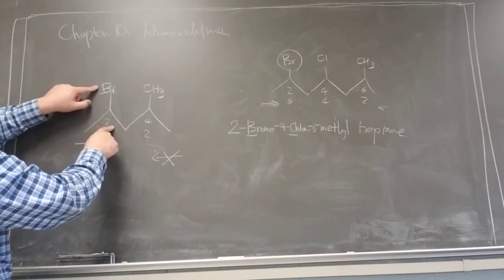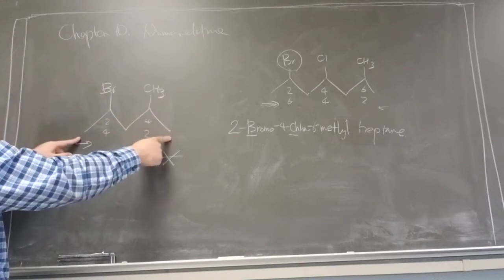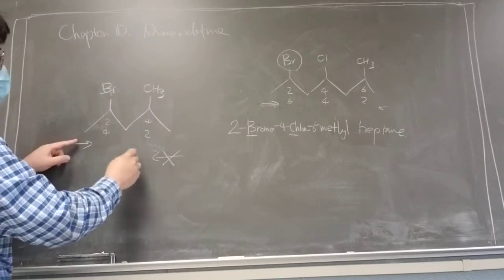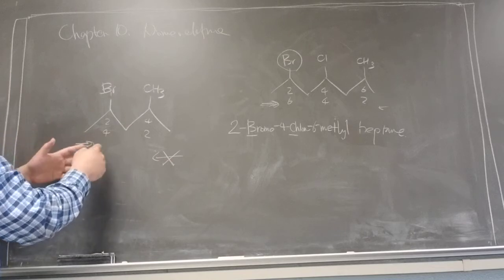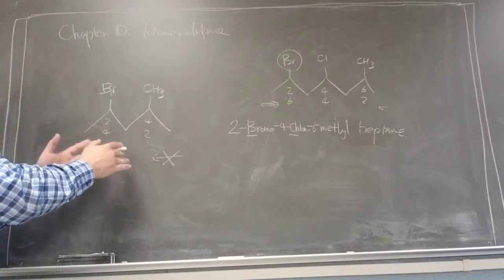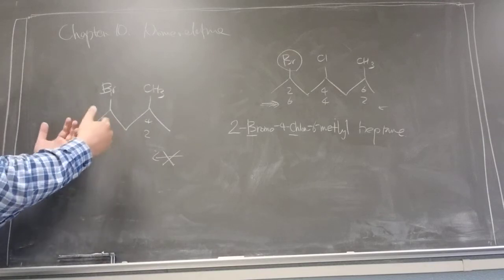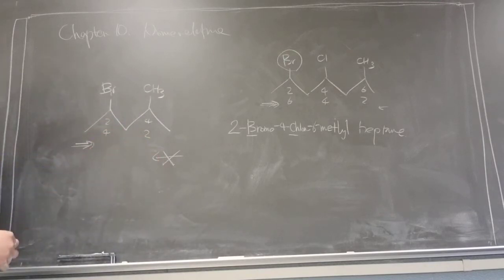So it'll be 2-bromo, 4-methyl pentane, not 2-methyl, 4-bromo pentane. Because in this way, we can give the lower locant number to the alphabetically prior halogen or any substituting group on your compounds.